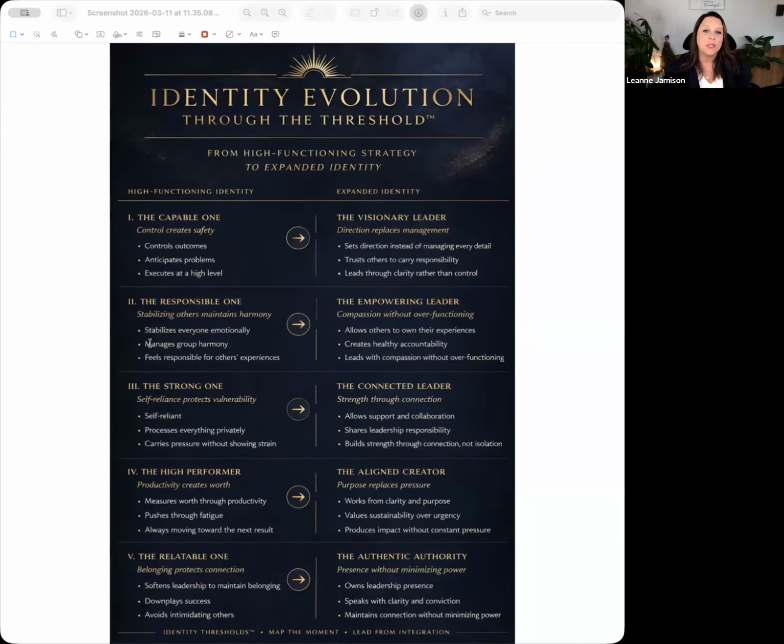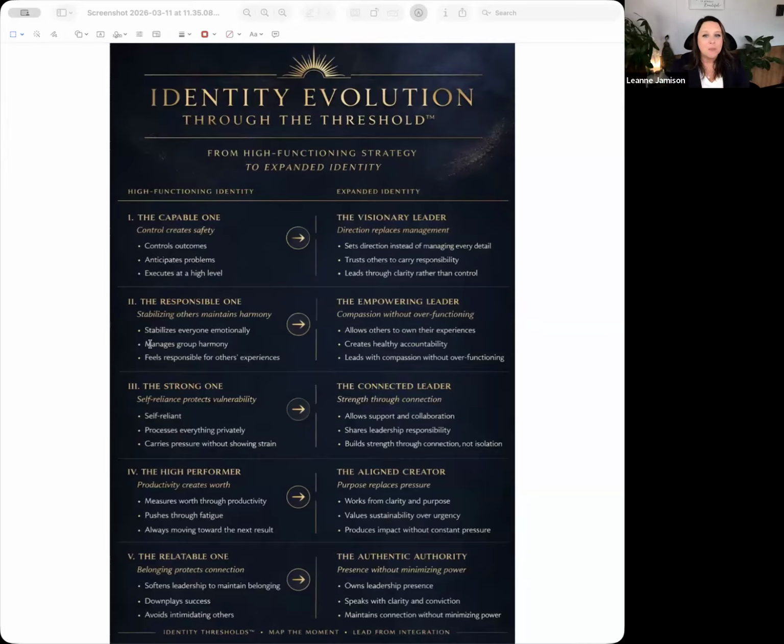The second is the responsible one, and we're shifting from the responsible one to the empowering leader. So the responsible one holds groups together. She feels the emotional temperature of a room before anyone else does. And she's the one that's adjusting, right? Smoothing the friction, absorbing the tension, making sure everyone is okay, right?